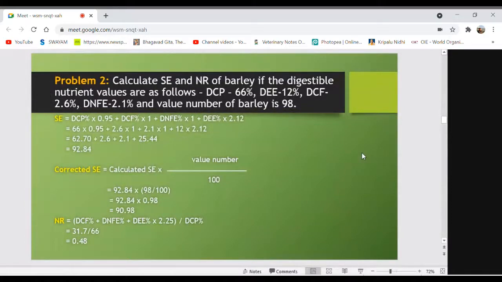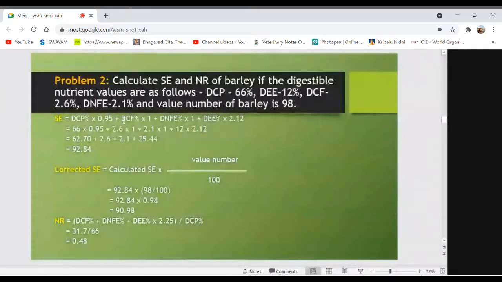But in case of roughages, dry roughages, green roughages, we have to consider some factor, and that factor should be multiplied with the crude fiber percentage, and that should be subtracted from the calculated starch equivalent value.